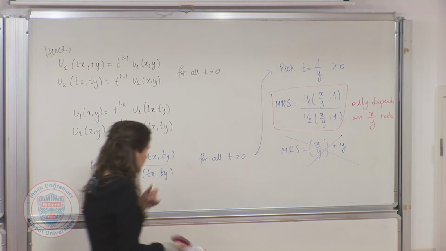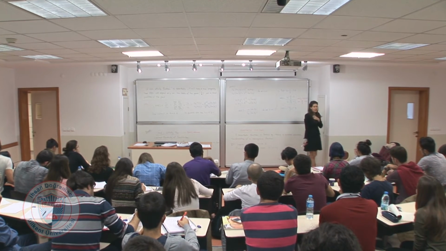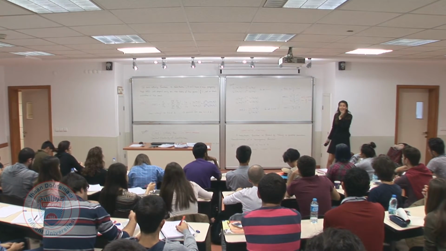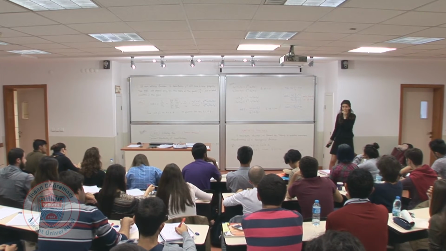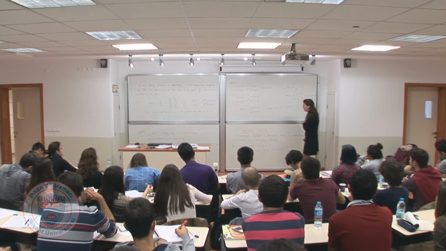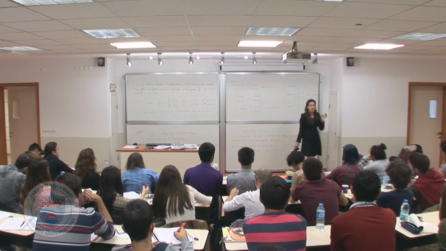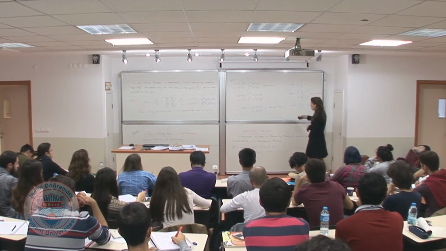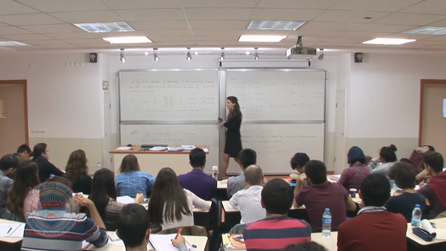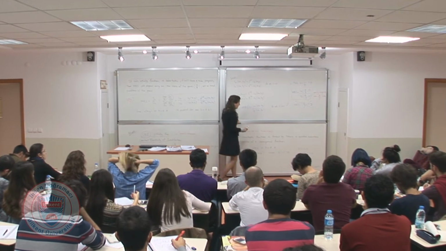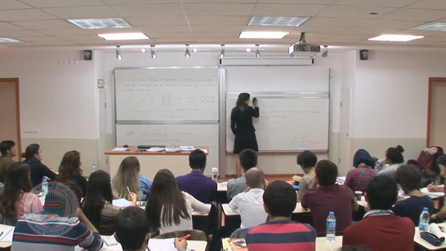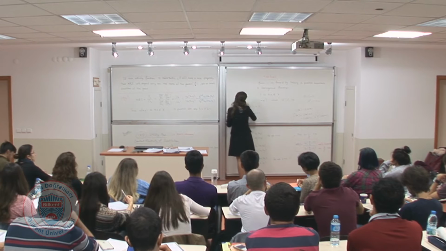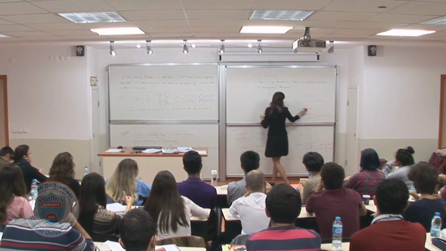So for instance, remember we said that CES function is homothetic, okay? So let's check whether the marginal rate of substitution only depends on the ratio or not there, okay? So do you remember the MRS for CES? This is what we found in our previous class. So what was it?